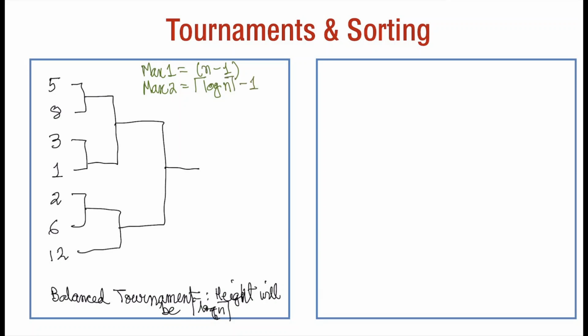So total number of steps will be n plus log n minus 2, which is a big reduction again from 3n by 2 minus 2, which is n plus n by 2 minus 2, because log n, as it grows, when n is large, log n is much smaller than n by 2. So we will create what is known as a balanced tournament to minimize the height of the comparison.